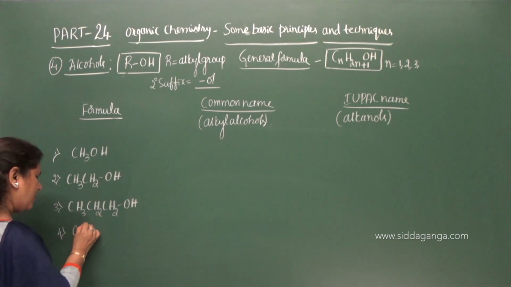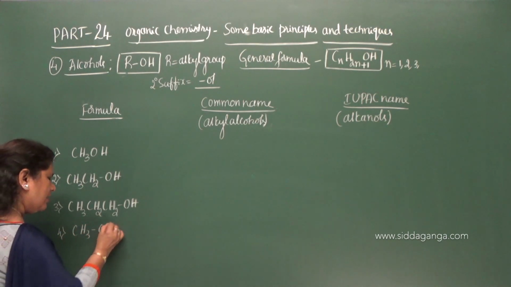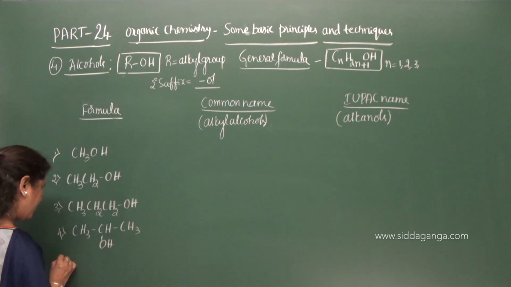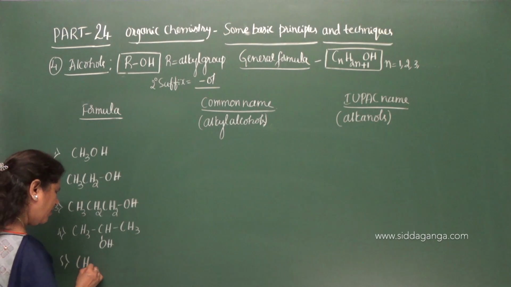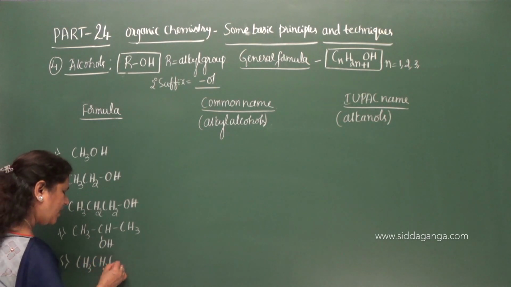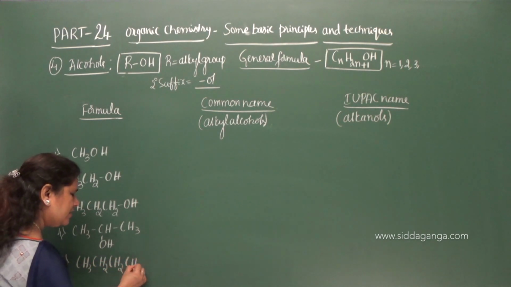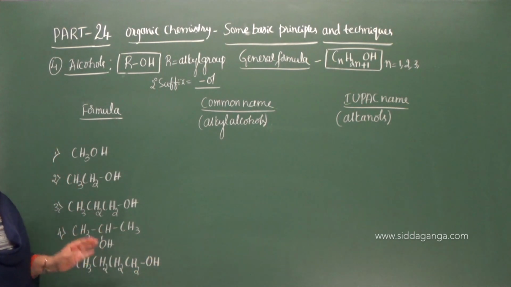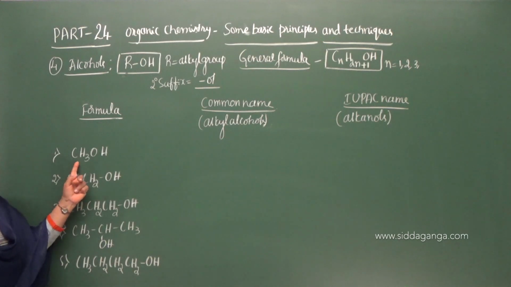Fourth one, CH3CHCH3OH. Fifth one, CH3CH2CH2CH2OH.